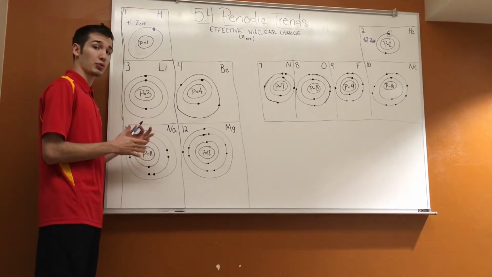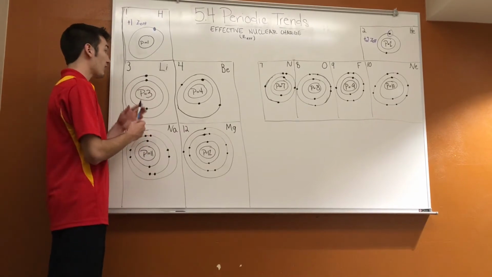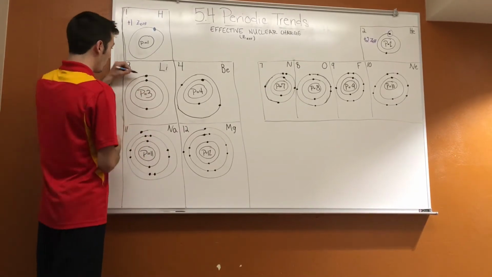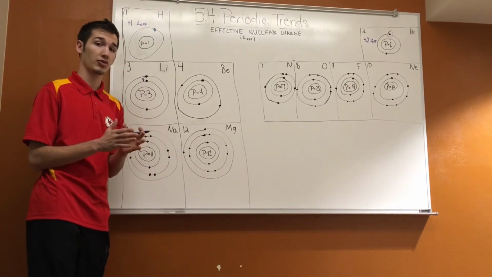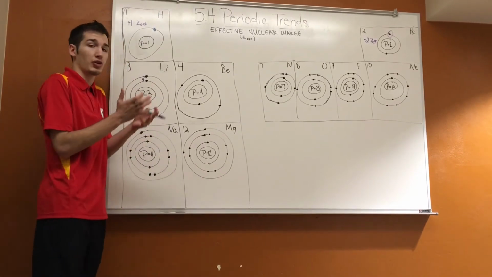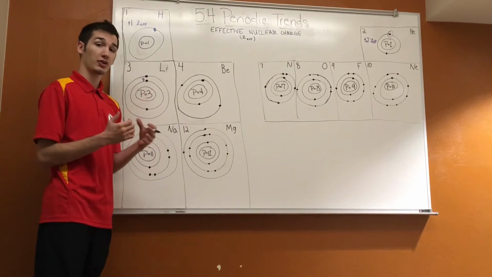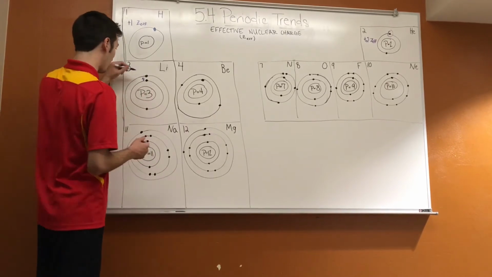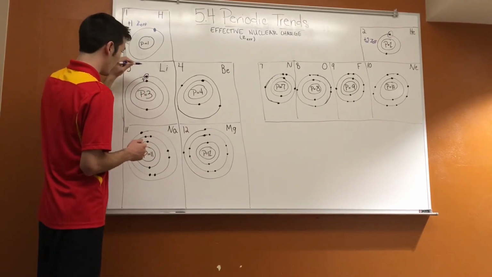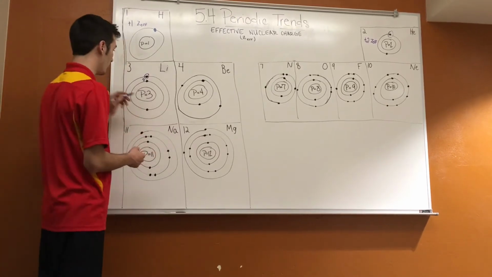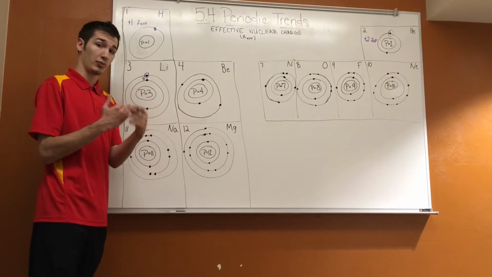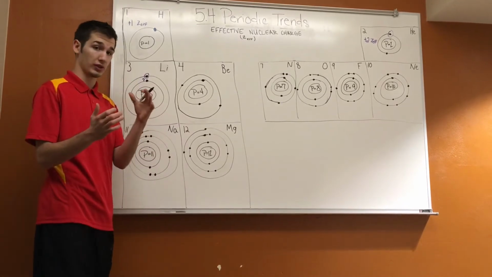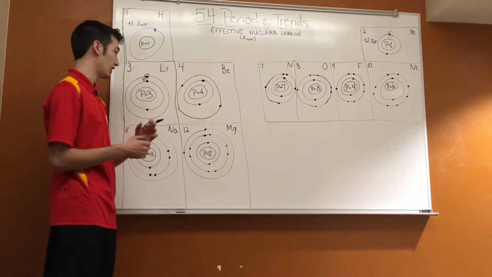Well, while we still have 3 protons, that valence electron is being pushed out or repelled, because remember, like charges repel. It's being pushed out by those 2 inner electrons. So that electron currently feels only that 1 proton pulling at it, because it has 2 electrons pushing at it from the inside.